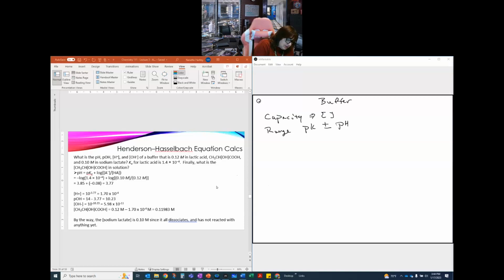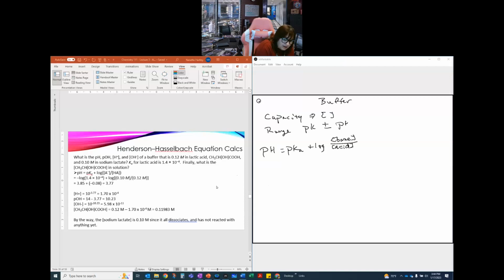Okay, fine. So the first thing I'm going to do is write down my Henderson-Hasselbalch equation. pH is equal to pKa plus the log, and I just write this as base over acid. And I know they're both concentrations.